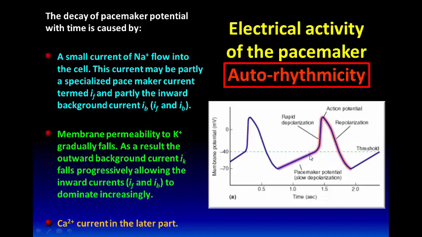In the latter part of the pacemaker potential, the slow depolarization is due to calcium current. We have influx of calcium through transiently opened T-type calcium channels, which are different from the L-type calcium channels.